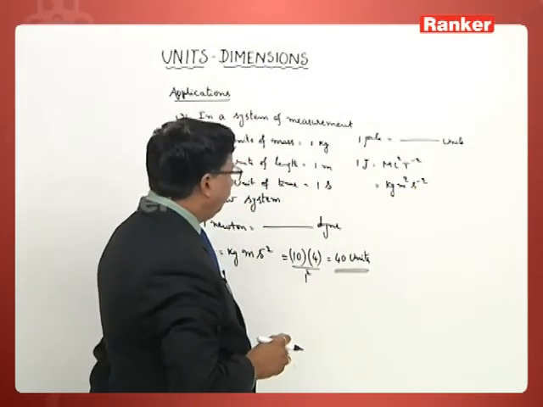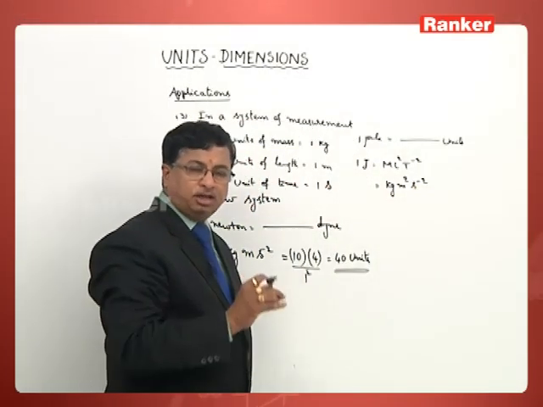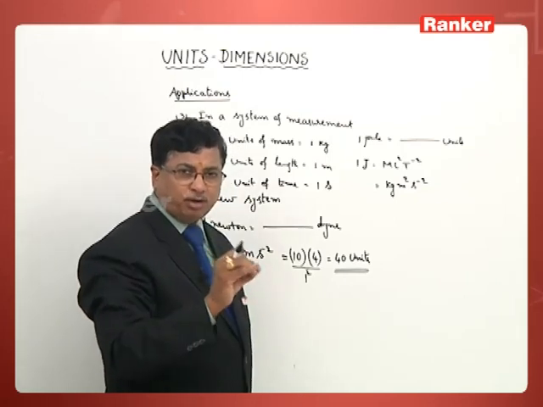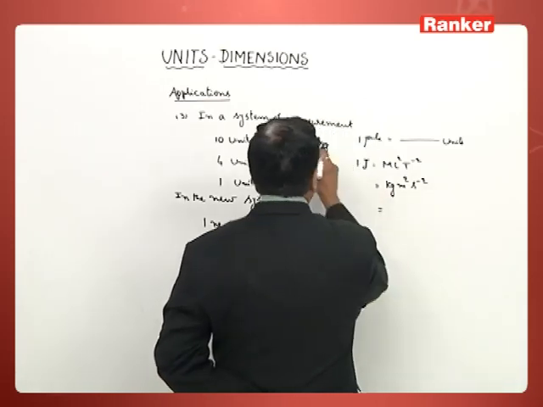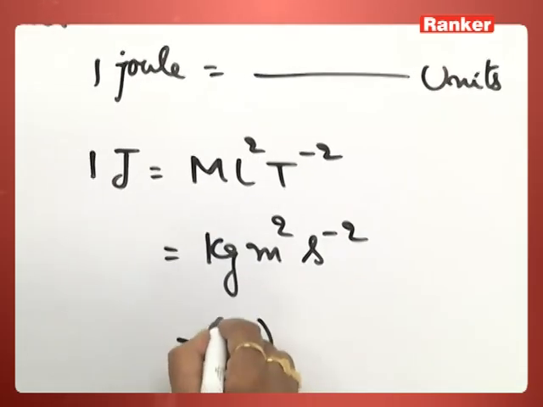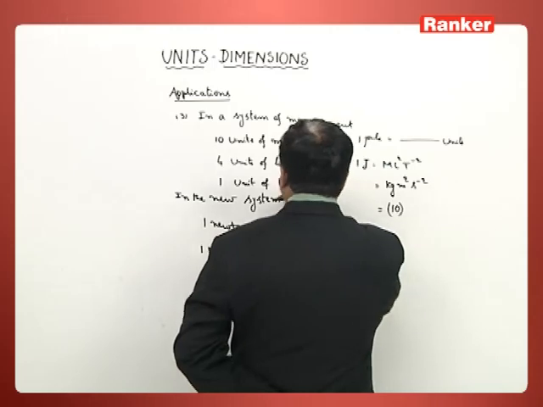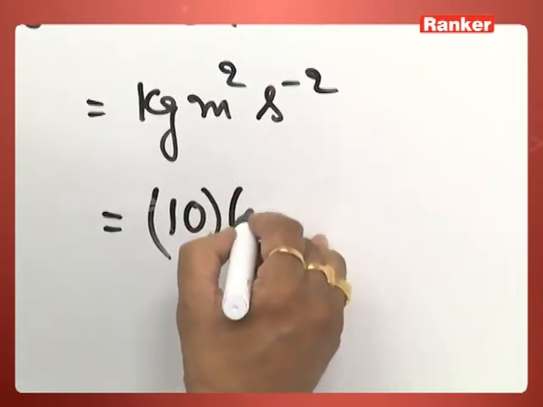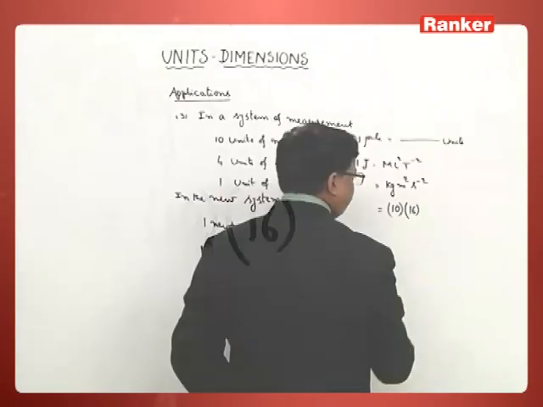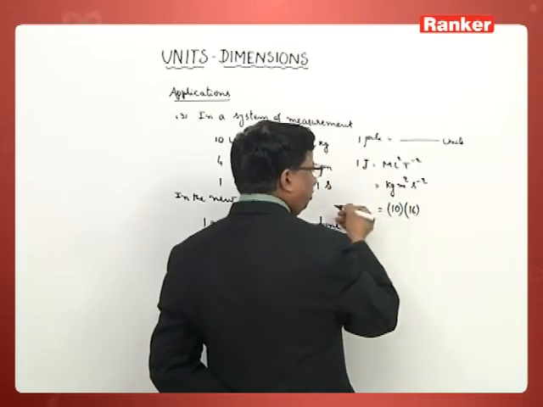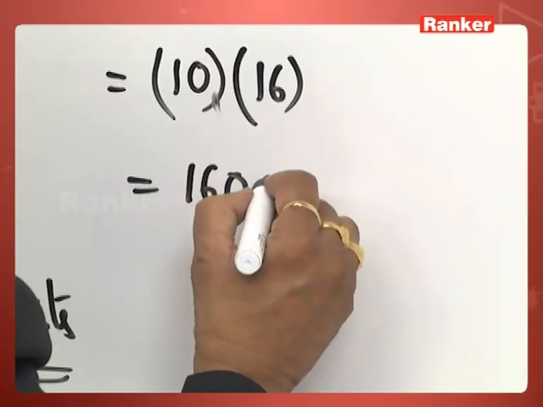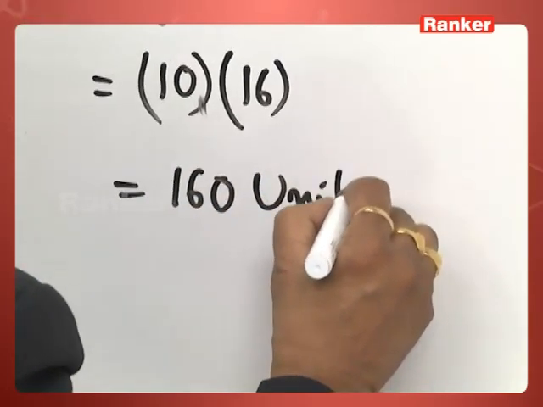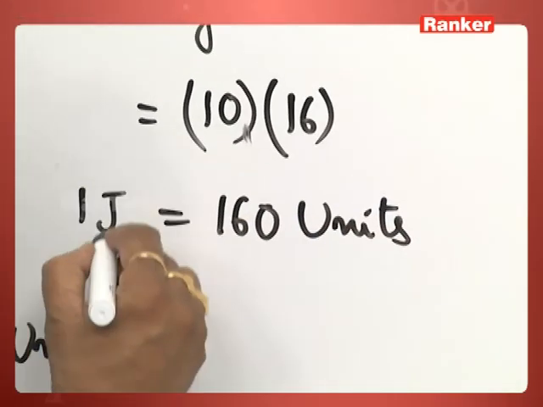So, 1 joule we can write like this as kg meter square per second square. Now, come on, write down the values given to us. 1 kg is 10 units again. 1 meter is 4 units, 4 square here 16 units. Time is same in both. So, what will be this value now? 160 units. That will now be the value of 1 joule.